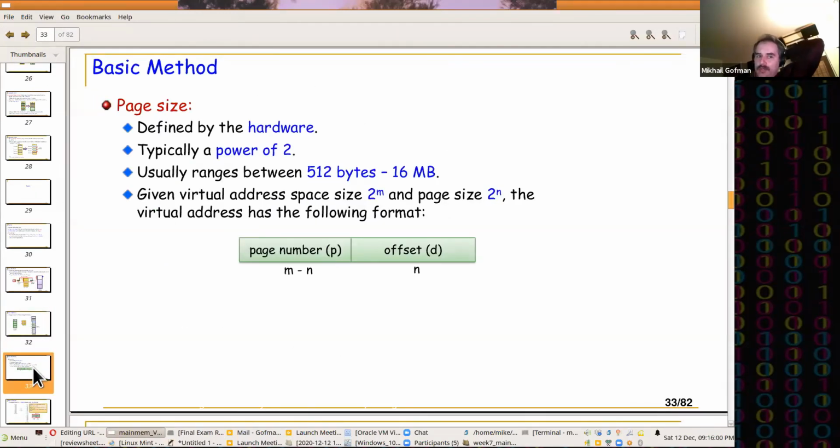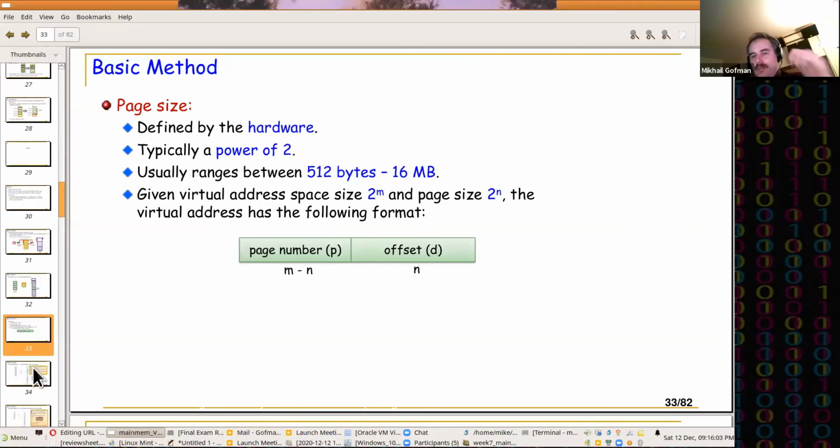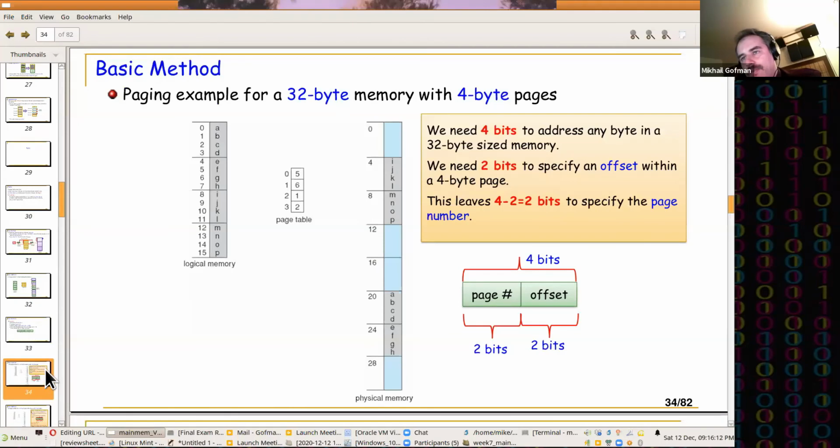So how is paging actually implemented? How do you take an address and how do you split it into the page number and offset format? So here is an example. Let's say that the process has 16 bytes of memory. Okay, 16 bytes of virtual memory space.